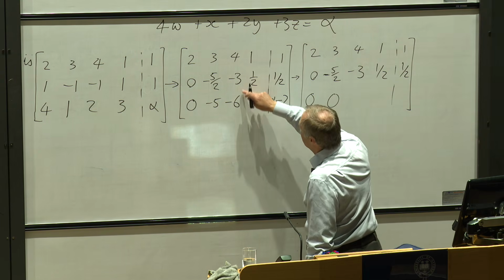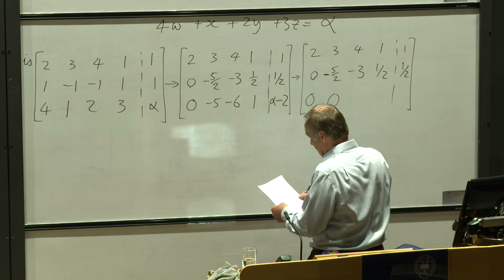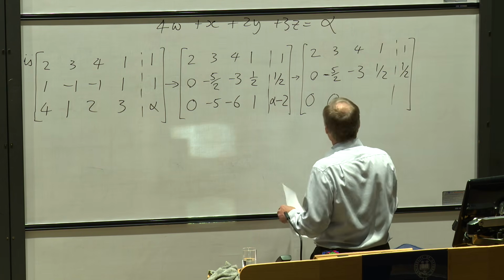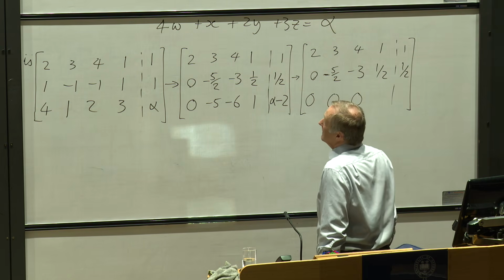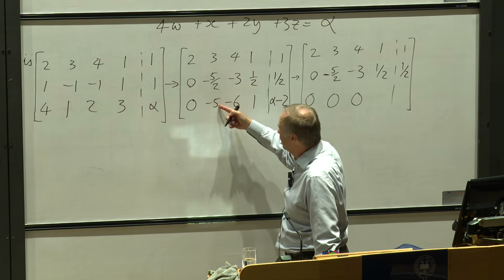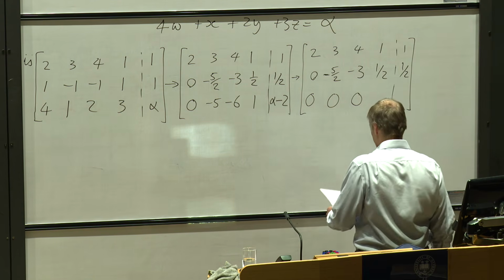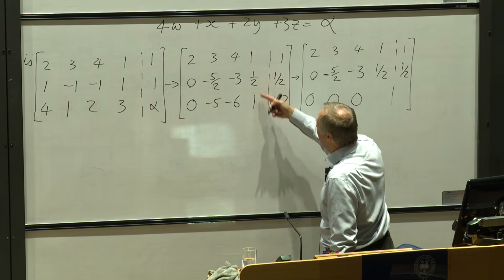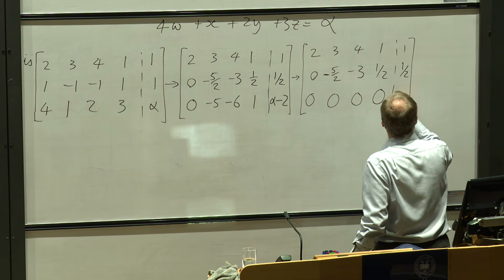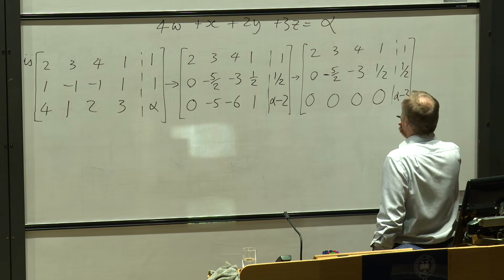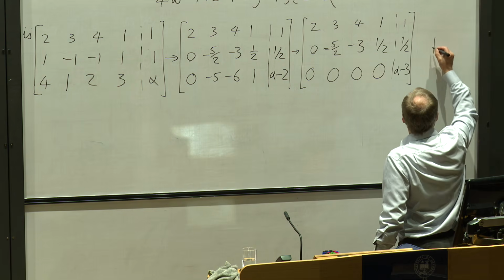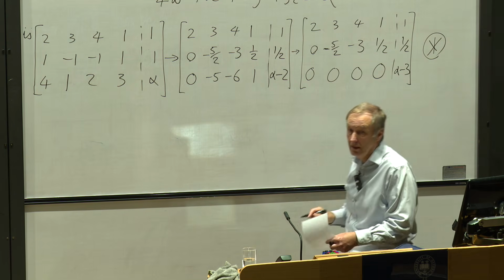And if I add twice that to that, okay, have I got this right? Yes, I think I've got this right. It looks like that must also be a 0. Okay, sorry, I'm going to subtract twice that. Minus 2 times that and add to that. Minus 2 times that and add to that. And the last equation is, oh, minus 2 times that and add to that is also 0. And then what do I get on the right-hand side? I get alpha minus 3. So I've just done Gauss elimination. And these are my equations for today, which I will call star.